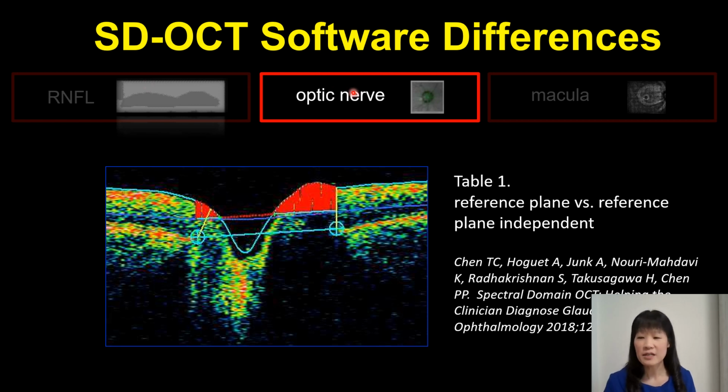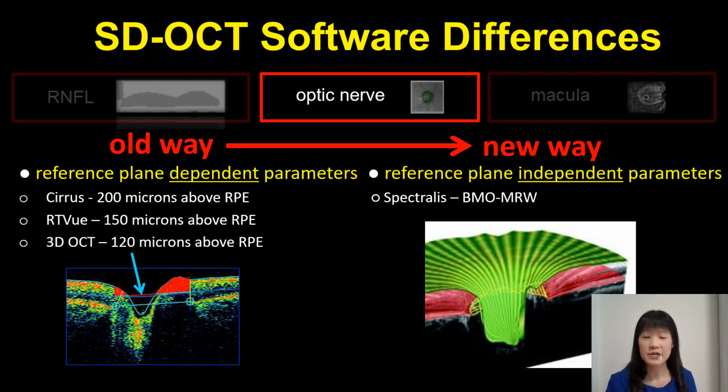Now, what about the optic nerve, the second region of interest? Well, this is important because, of course, we know that the neuroretinal rim thins with glaucoma, and we can quantify this objectively with spectral domain OCT. Now, there are two ways to quantify optic nerve tissue. You can do this with a reference plane and without a reference plane.